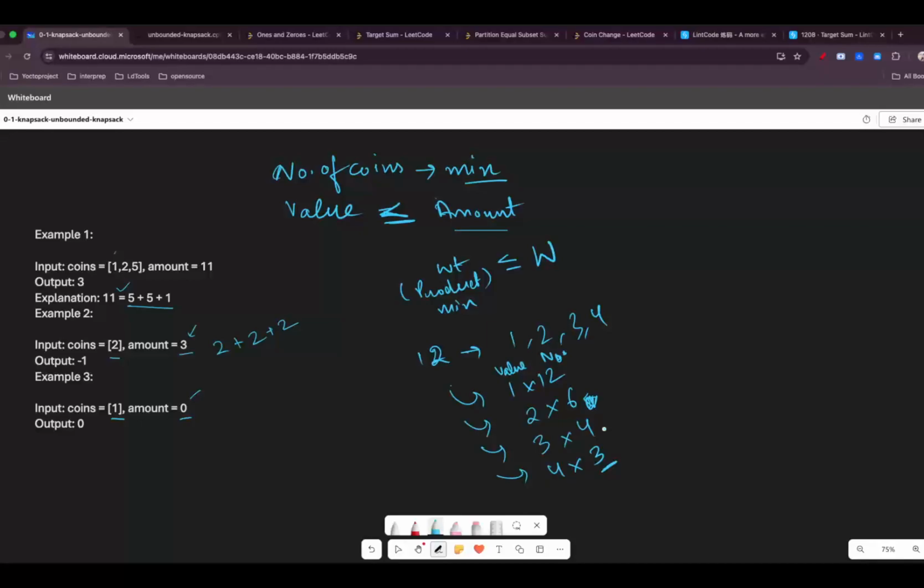But is there any other possibility that we get this 12 with even fewer coins?